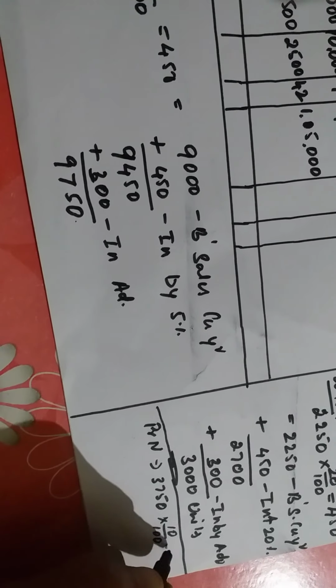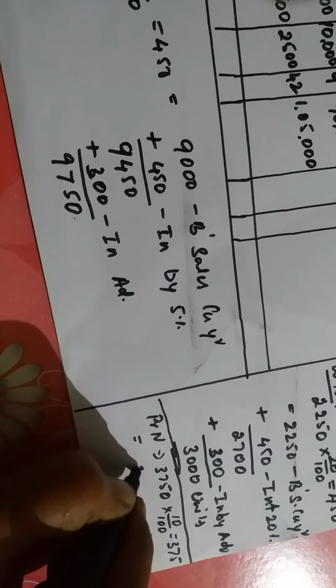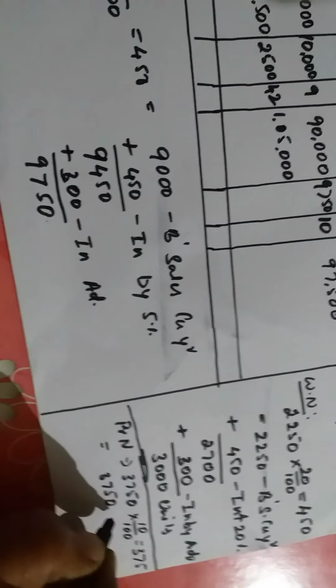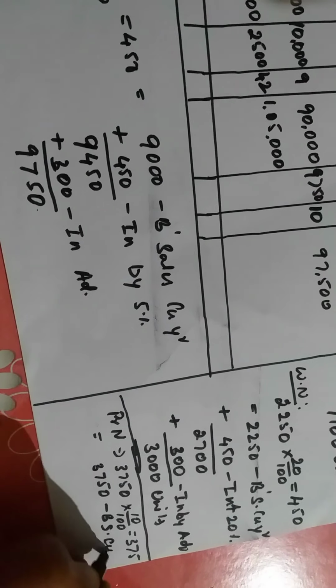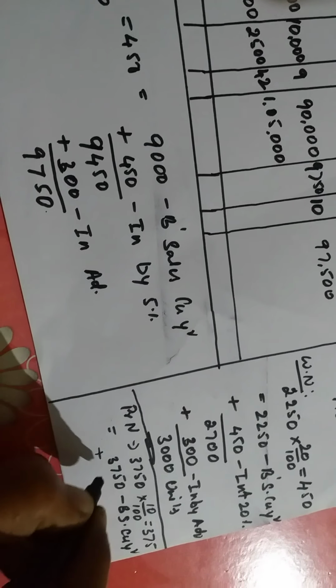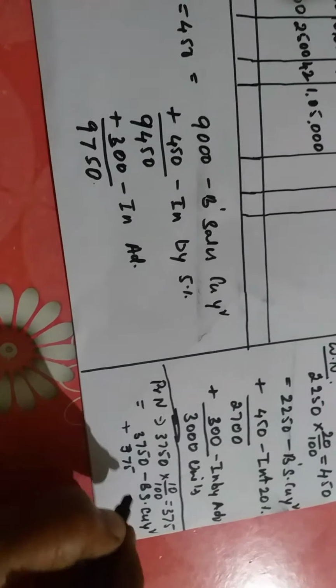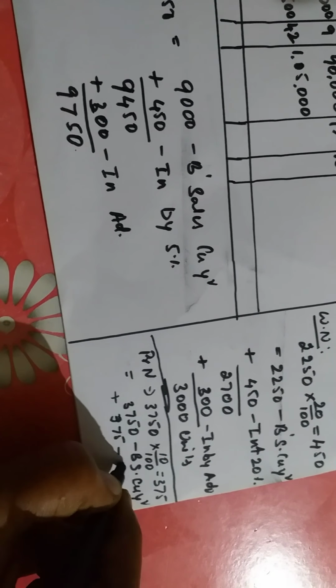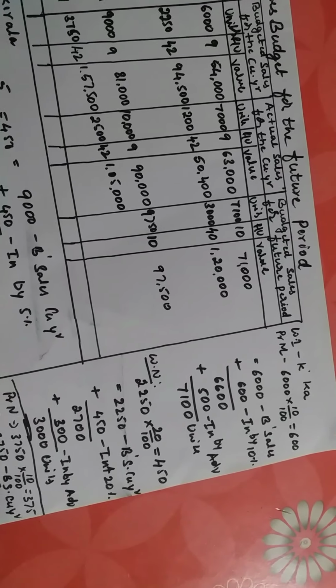It comes to 375. And now 3,750, that is the budgeted sales for the current year, plus 375, that is the increase by 10%.